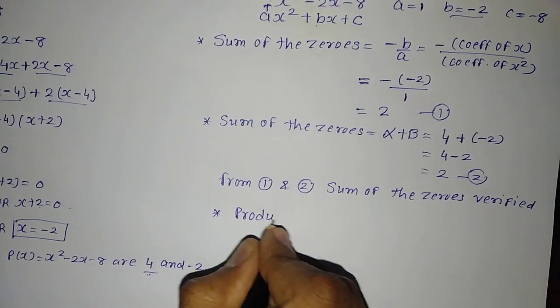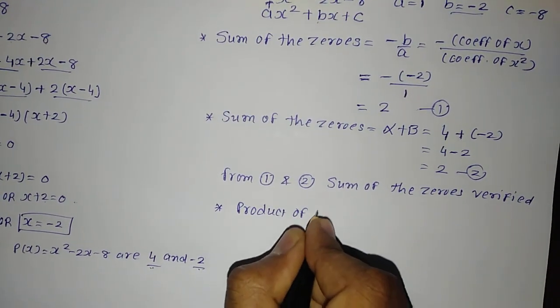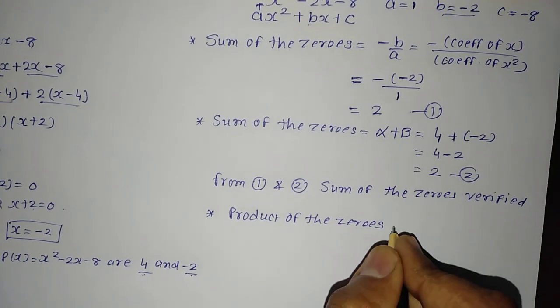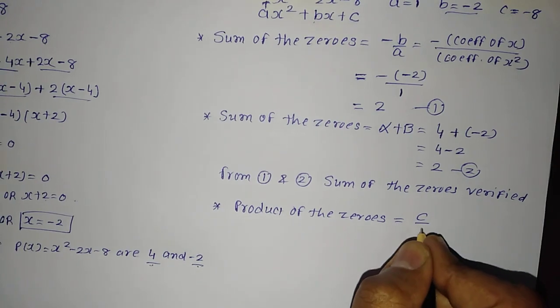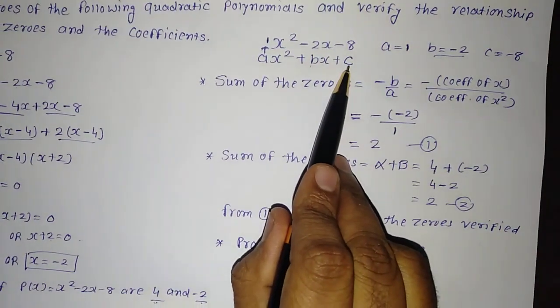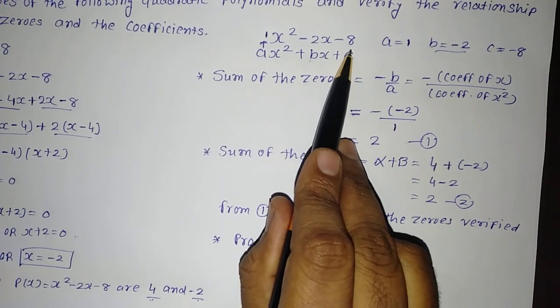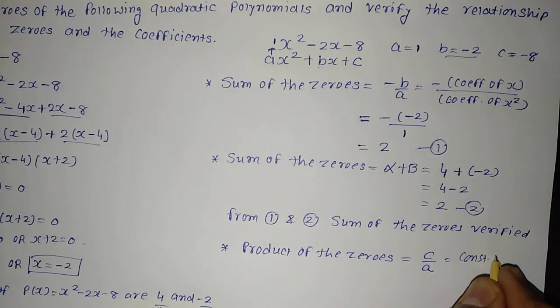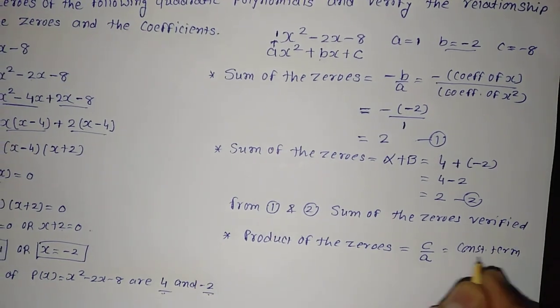Product of the zeros. As per the formula, we know that that is c upon a. What is c? c is the coefficient, or we can say c is the constant term. So I can write it, that is the constant term divided by a.